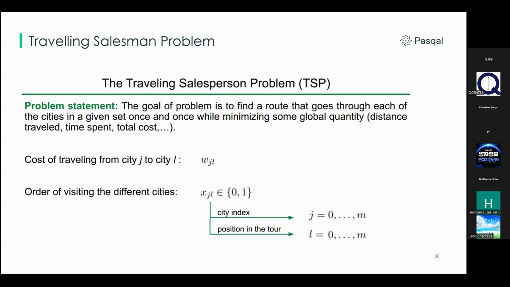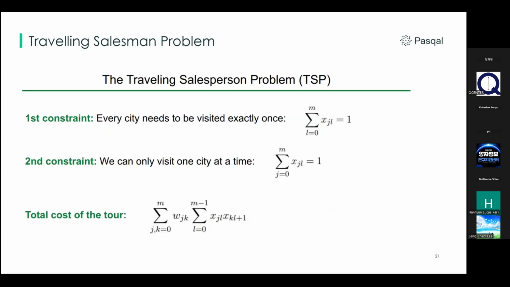Otherwise, it will be 0. Therefore, the formulation is the following. You have the cost function at the bottom that actually defines your itinerary, your route, measured by the edges, the connection of the itinerary with the next step.